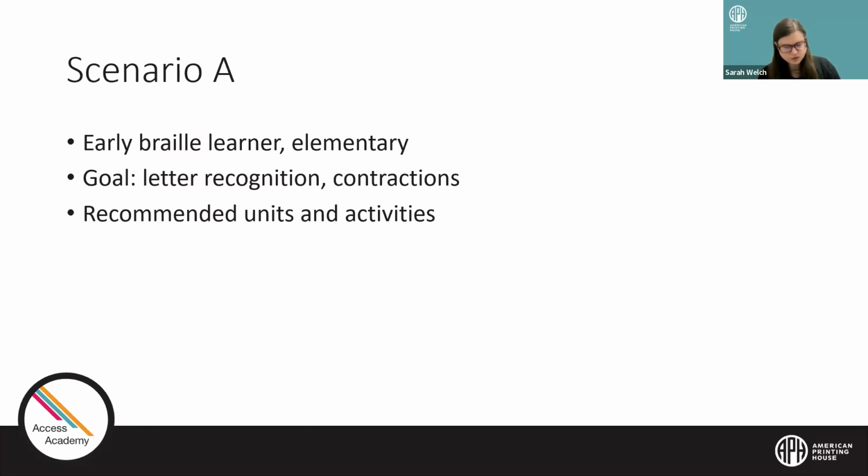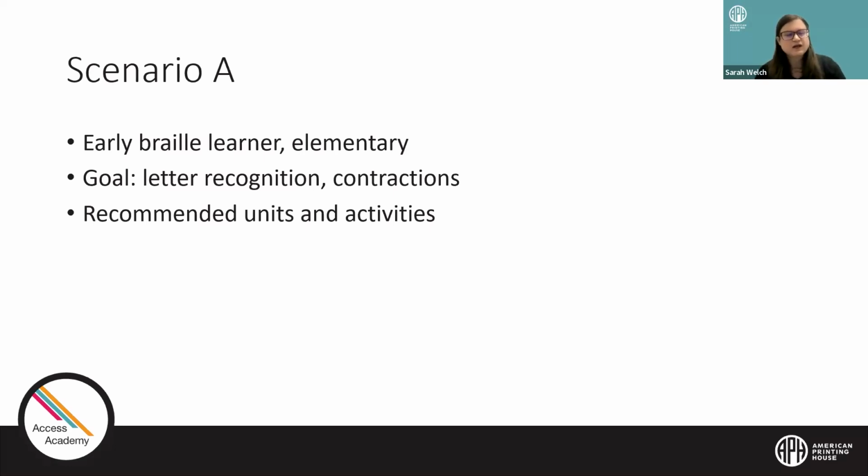They're in elementary school. Their goal is letter recognition, contractions, and what can we look at as recommended units and activities. An important thing to know about this particular learner is I'm assuming that this student also needs literacy skills. We mentioned this in the last webinar, but we haven't mentioned it in this one.